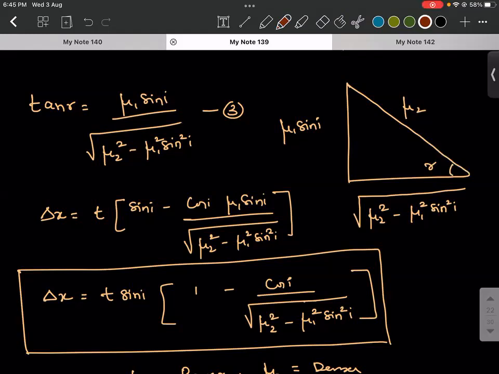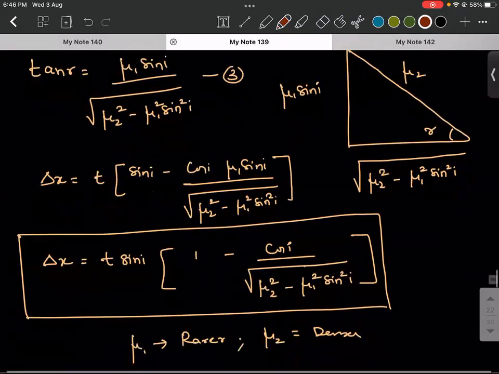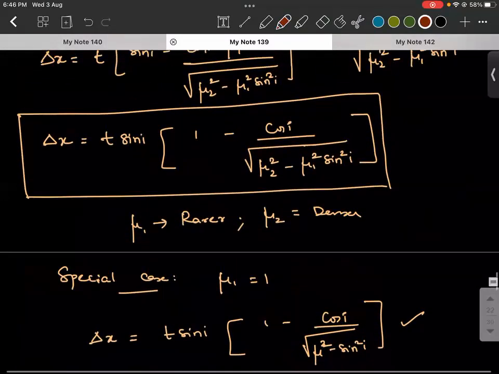With a glass slab you will see it laterally, you will not see it vertically. They have done an experiment with a glass slab. Through the glass slab you will see. T into 1 minus 1 by mu, you will get it.